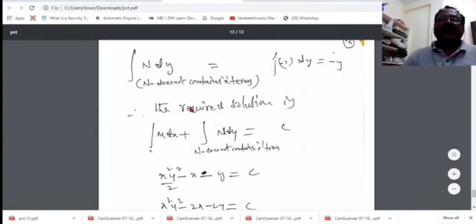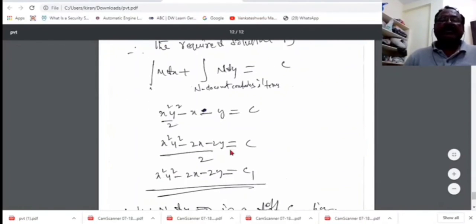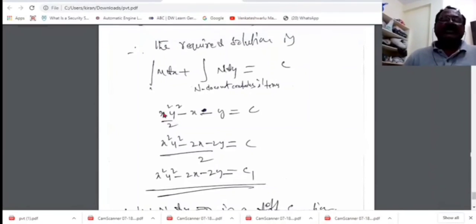So the required solution is the integration of M dx plus the integration of the terms of N not containing x, dy, is equal to c. So this value is x²y²/2 minus x minus y equal to c.